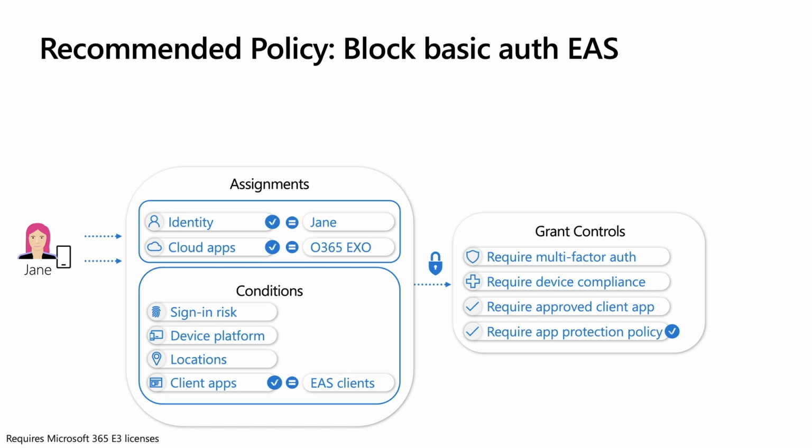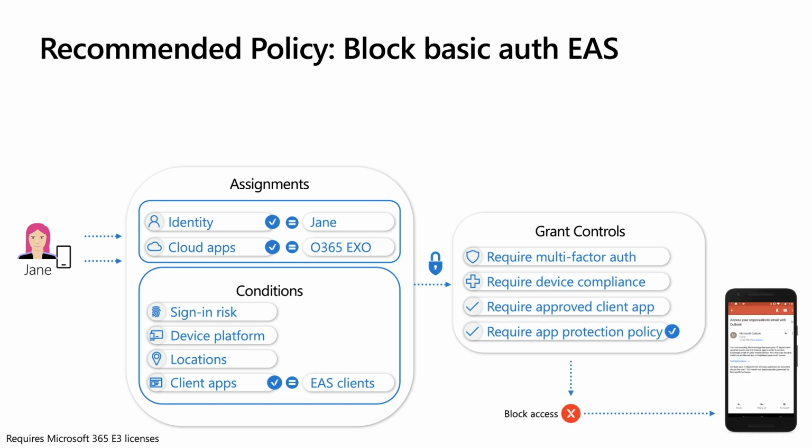And the reason for this is because Exchange ActiveSync has quarantine logic built in it. This enables us to deliver tailored solutions to the users when the device and/or client doesn't meet the conditions set by the administrator. In this case, we have a basic authentication ActiveSync client, which is either not defined within the app protection policy or, which is more likely, has not integrated the Intune SDK, will ultimately be blocked by this allow policy.